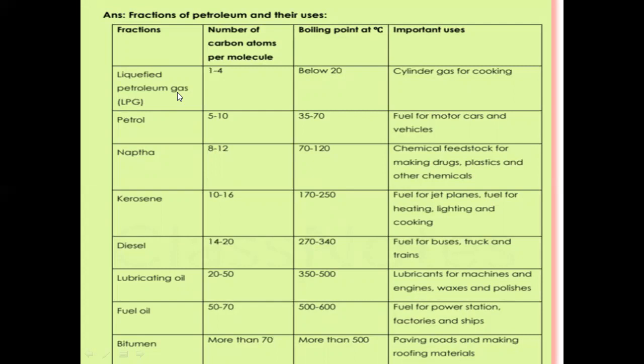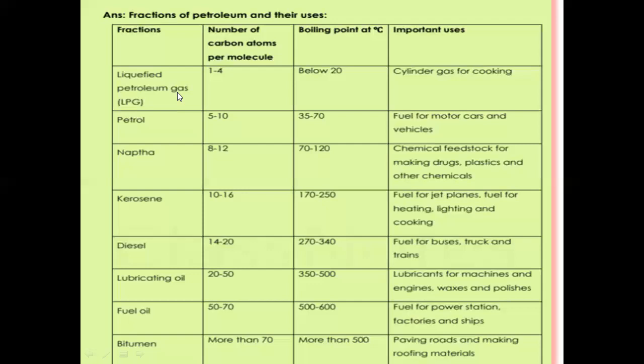So the fraction which we collected first is LPG or liquefied petroleum gases. They have a boiling point less than 20, and their important use is that we use LPG cylinders for cooking, also for running automobiles in the form of compressed gases, but mostly we use LPG as a gas for cooking.